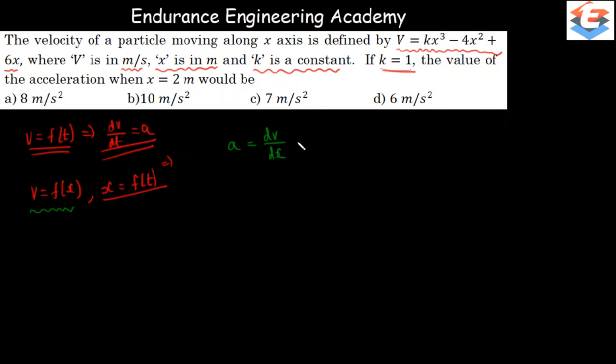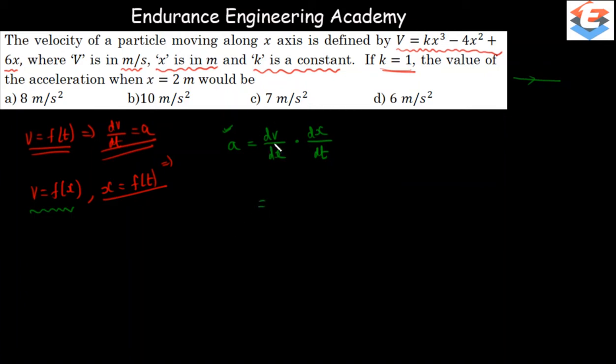Later on I will differentiate x with respect to time, and if I multiply them I will get the acceleration. In fact it will have three terms, with respect to x, with respect to y, and with respect to z. But anyways, we are dealing only with x, that is, rectilinear motions. So only x will be there.